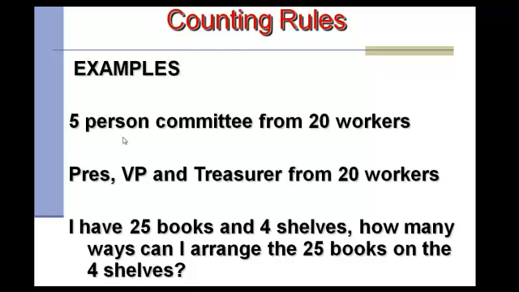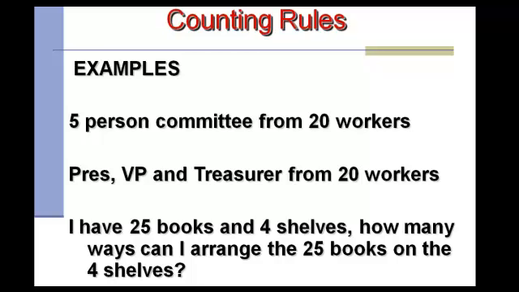Okay, in this first problem, we're going to make a 5-person committee from 20 workers. How many different committees could we form of 5 people from 20 workers? Is that a permutation, a combination, a factorial, or the fundamental rule of counting? Well, it's not the fundamental rule of counting. It's not a factorial.